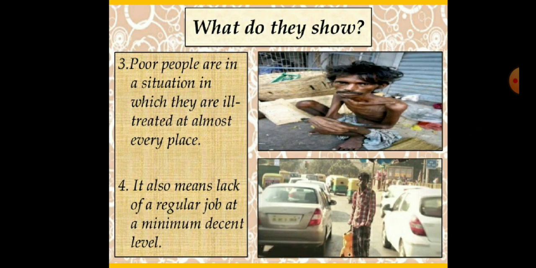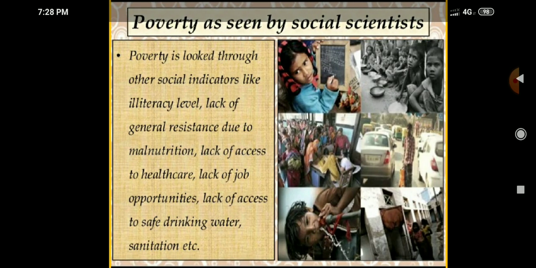These are the things we learn from the 2 case studies, that is the real condition of poor people in rural and in urban areas. So we have seen the common condition in both urban and rural areas. So let's move on to the next topic, poverty as seen by social scientists.